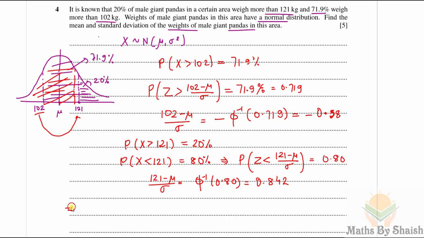So from this equation we got 102 minus mu is equal to minus 0.58 sigma, and from this equation we got 121 minus mu is equal to 0.842 sigma.